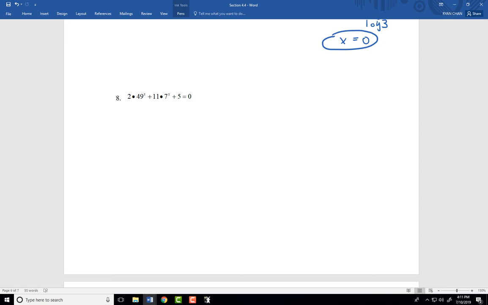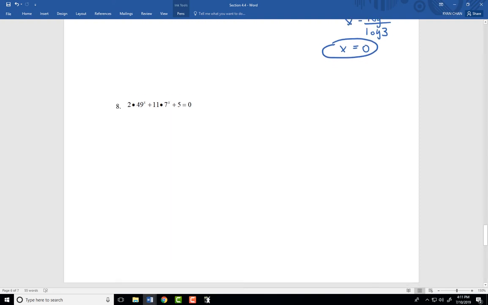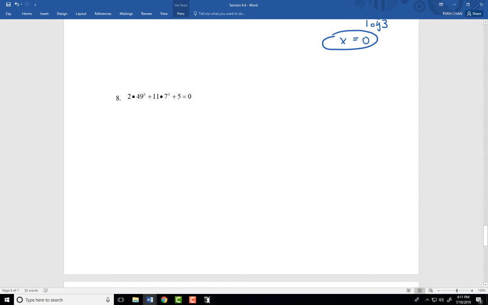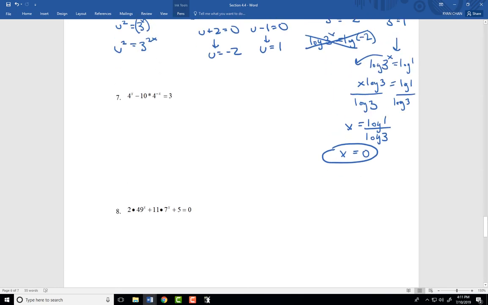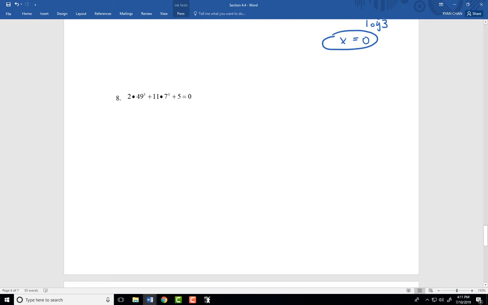Okay, so let's look at something like this right here. One thing is when you're doing the substitution method, you want to make sure they have the same base. If you notice, I have 49 to the x and I have 7 to the x. I want them to be the same.